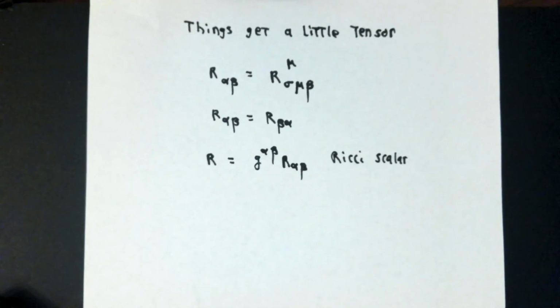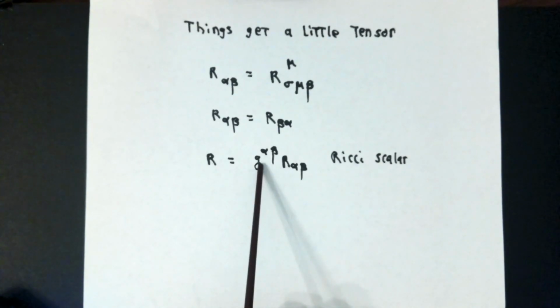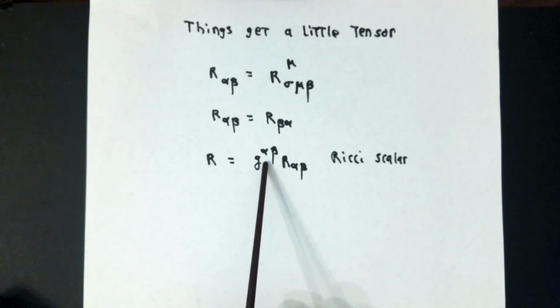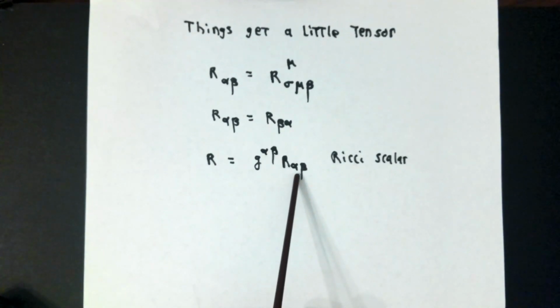Some people also call this the trace of the Ricci tensor, because if we were in Cartesian coordinates in ordinary geometry, the G alpha betas would just be the Kronecker delta alpha beta, and the sum would consist of R11 plus R22 plus R33. In ordinary linear algebra, we call that the trace.